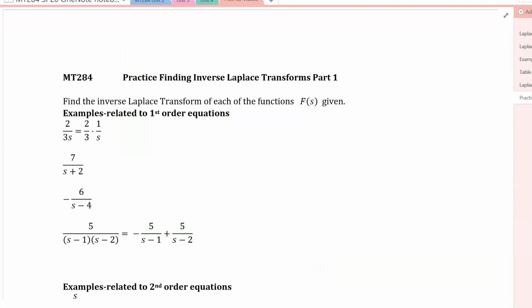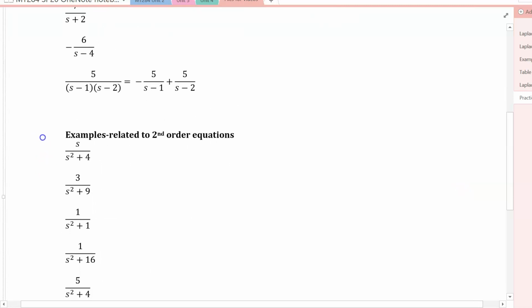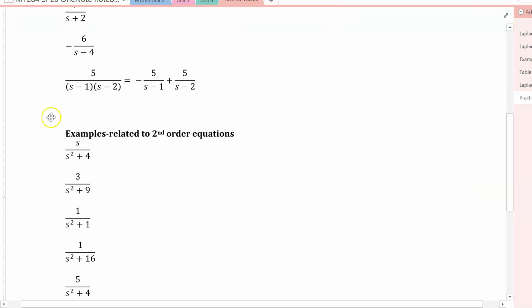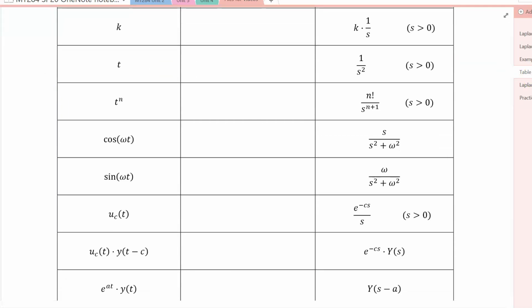Now, we've already had some experience with examples related to first order equations. We're now going to get to some examples related to second order differential equations. Just to remind you, in one of the last videos we derived the Laplace transform for cosine of omega t and sine of omega t.